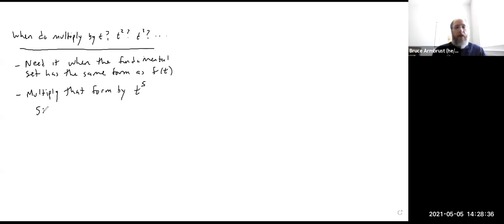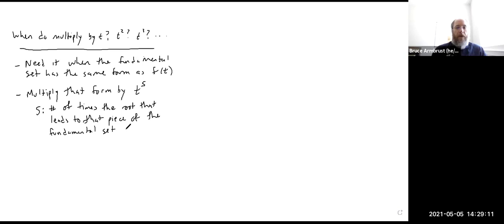And what s is, this is the number of times, how about say, the number of times that the root that leads to that piece of the fundamental set appears as a solution to the characteristic polynomial.